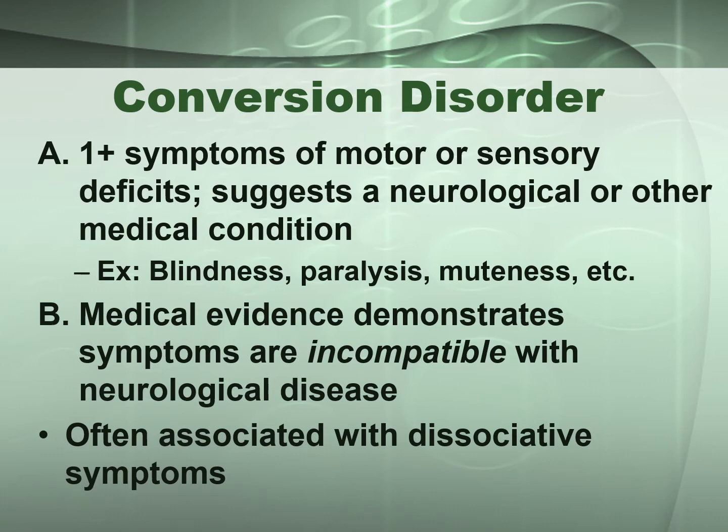And what they find is, if it's conversion disorder, when they're highly concentrating or when they're engaging in that activity, the hand with the tremor may mimic the activity or may stop temporarily. In essence, what's happening is the concentration they have to put in the activity is interfering with them engaging in the tremor behavior. This is incompatible with neurological disease. If it were a neurological condition, their tremor would remain consistent despite the fact that they were concentrating on another task.